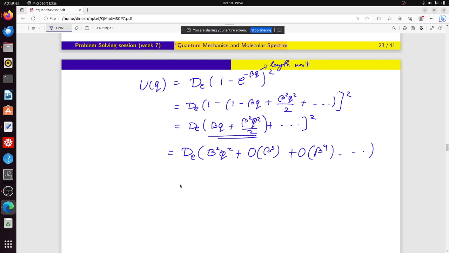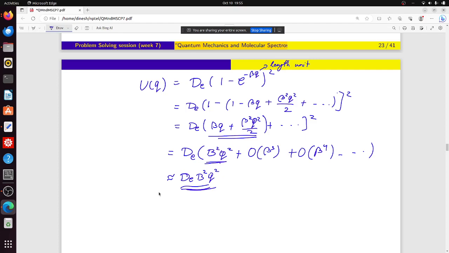As the length is very small, we can approximate up to this first term, and then this will give me De β squared q squared. So this potential I can write approximately as De β squared q squared.